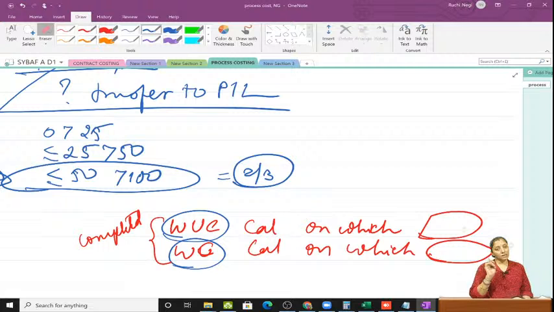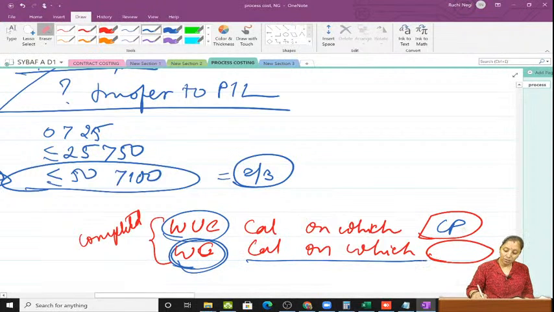No, work uncertified also means work is complete but not accepted by the surveyor. So that is the reason its calculation base is always cost price. And work certified means it is accepted and approved by the surveyor, so its calculation base will always be selling price. Okay, this is very important.